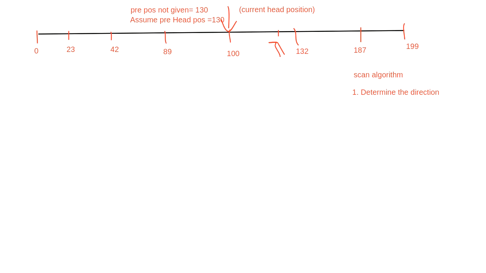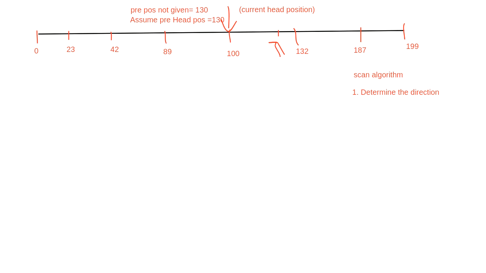Previously the lift was at 130, and now the lift is at 100. It means the lift is going in this direction. So the scan algorithm works like a lift. Even if a new person comes and presses 132, it will not go back. First it will complete all requests in this direction and then come back.